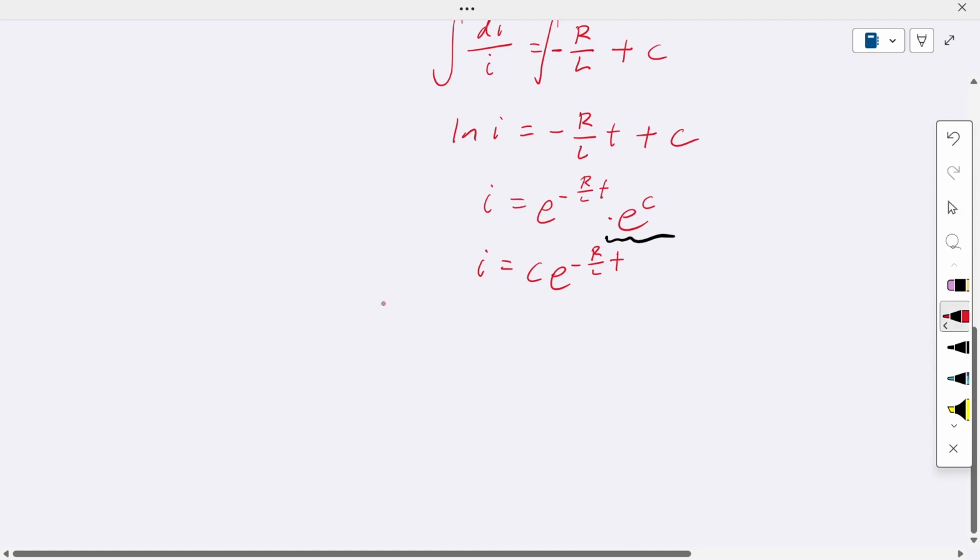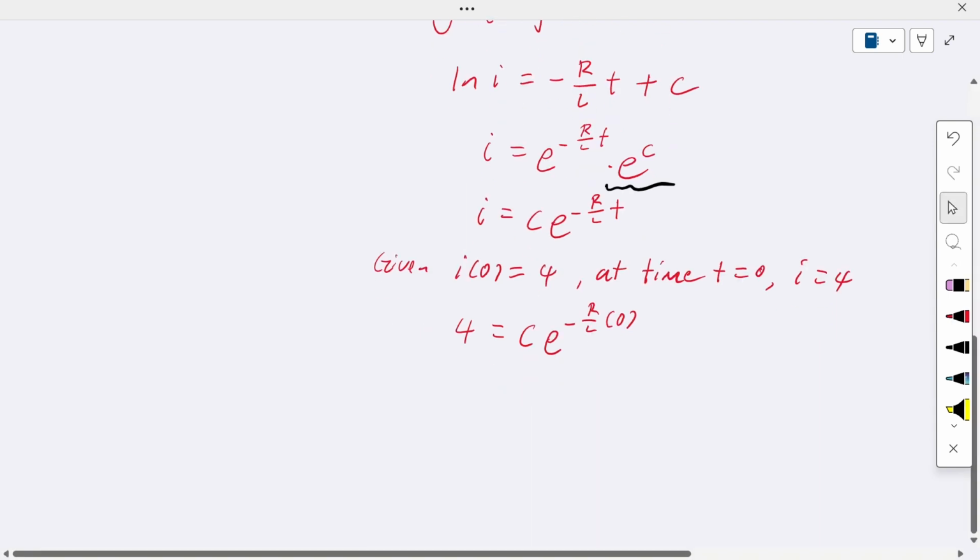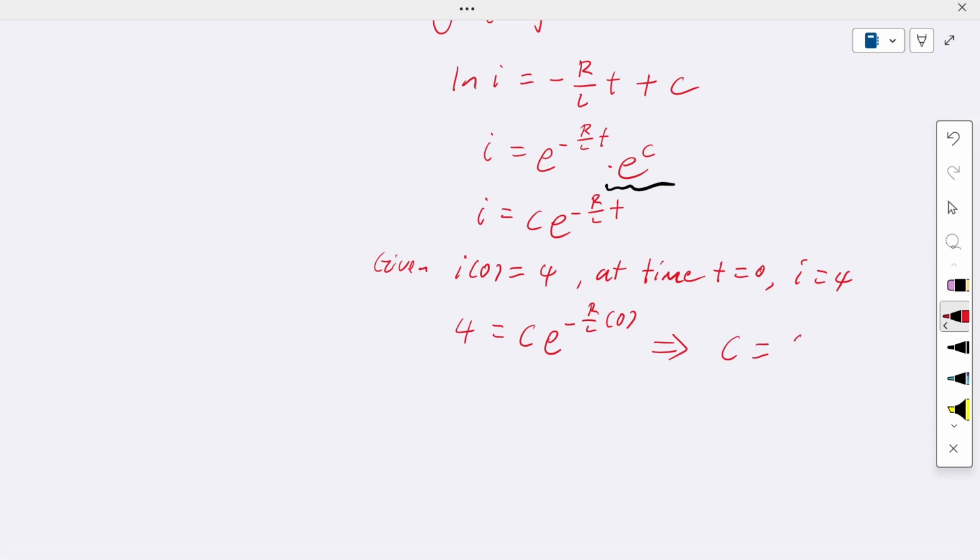Now we substitute the initial condition that is given, I of 0 is equal to 4. That means at time t equal to 0, I is equal to 4 ampere. From this we can find the arbitrary constant C. So 4 equals C exponential minus R over L times 0. Exponential of minus 0 is 1, so C is equal to 4.